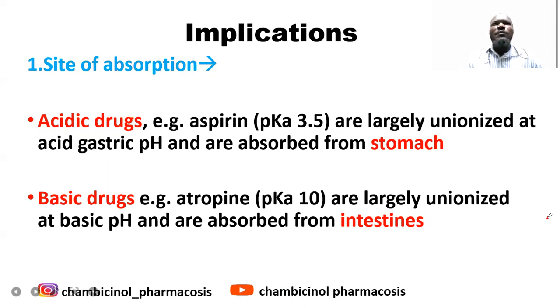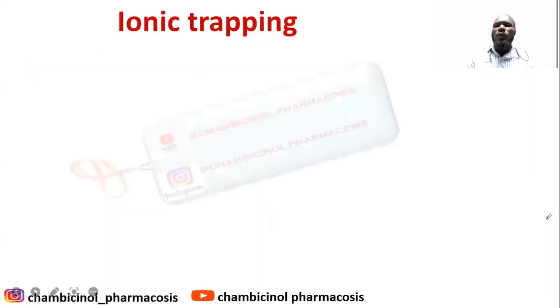For example, acidic drugs, especially aspirin and barbiturates, exist in highly unionized form in the stomach, where the absorption will be more. But the basic drug will be in unionized form in the small intestine, where its absorption will be very fast in comparison with other parts of the GIT. So understanding the ionization will help you to know the site for the absorption of the drug.